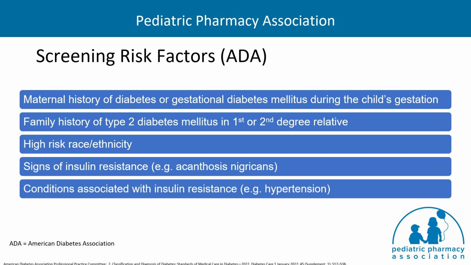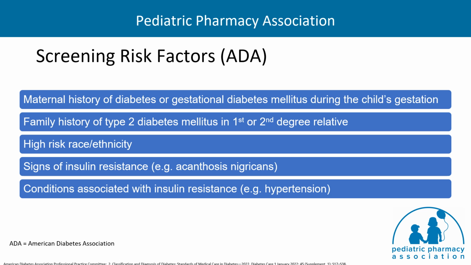The second is a family history of type 2 diabetes mellitus in either a first or second degree relative, so this could include parents, grandparents. The third is a high-risk race or ethnicity, so this includes Native Americans, African Americans, Latinos, Pacific Islanders, and Asian Americans. The fourth is any kind of sign of insulin resistance.